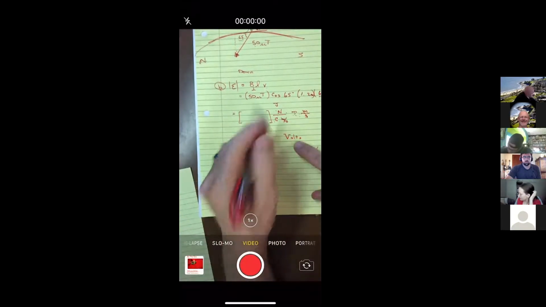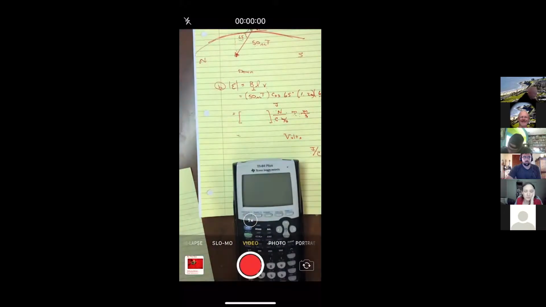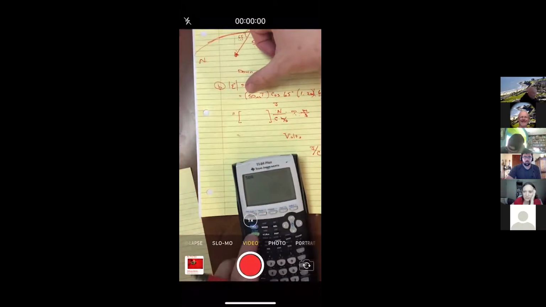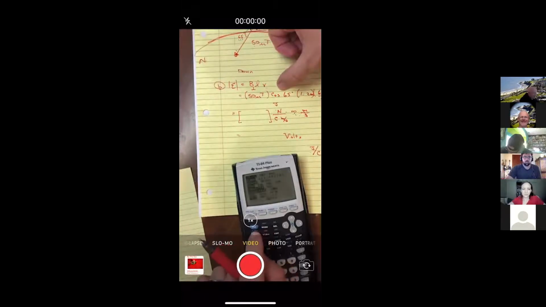Good, that's voltage. Now let me grab my calculator and say, all right, let's multiply this out. So this is 50 times 10 to the negative 6 times, and we were doing some radian calculations last session, so let me switch my calculator back to degrees.